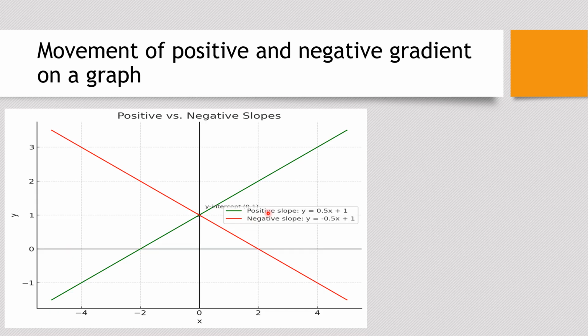When the graph rises, it means the gradient is positive, here positive 0.5. When a graph falls, it means the gradient is negative, here negative 0.5. So anytime you see a linear graph, you have to be able to identify whether the gradient is positive or negative.